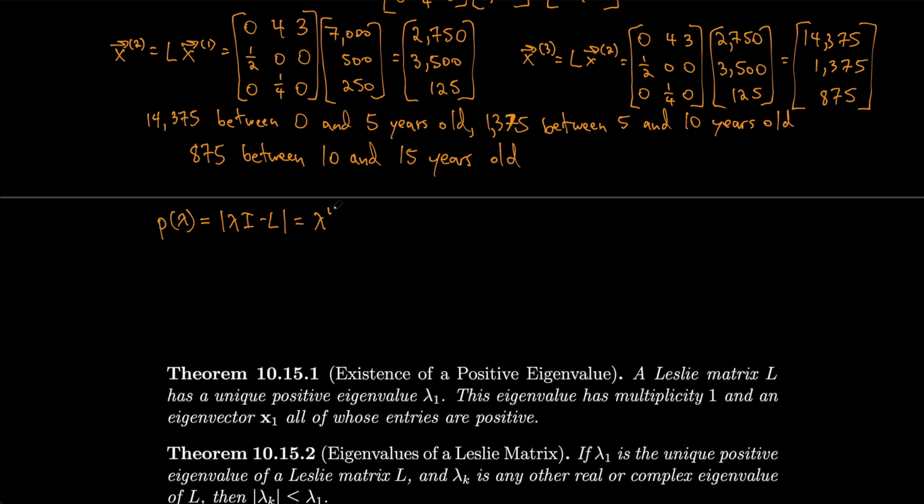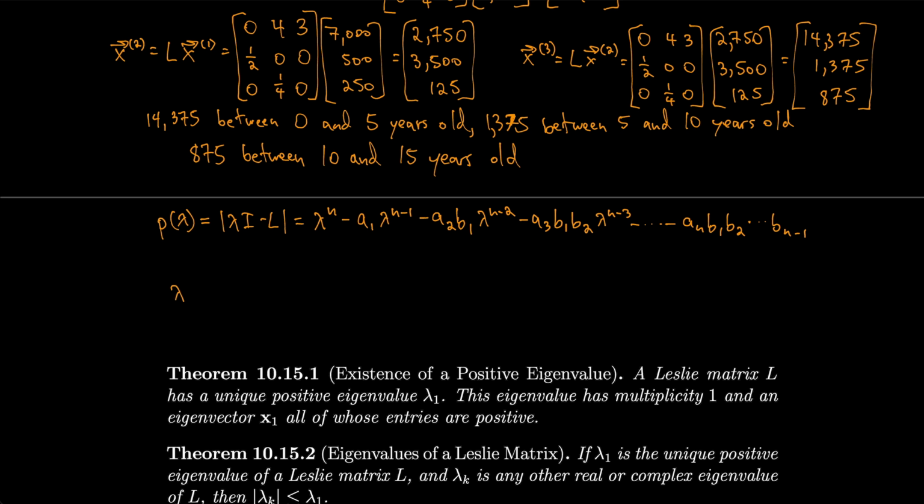You could double check that it's lambda^n minus a1 lambda^(n-1) minus a2 b1 lambda^(n-2) minus a3 b1 b2 lambda^(n-3), and so on, all the way through an b1 b2 through b(n-1).